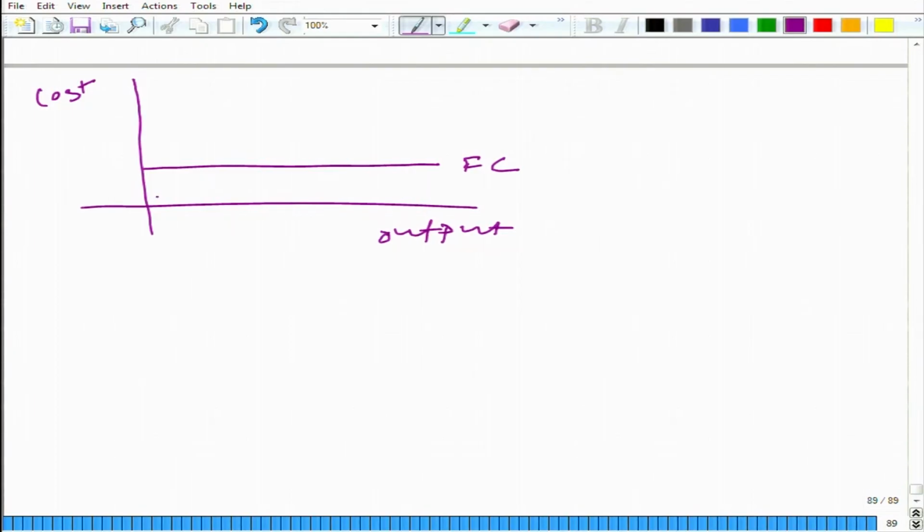And here we have, let us say, variable cost. Typically variable cost will start at the origin, because it varies with the output. No output, no variable cost, okay. And by adding these two we can get total cost.